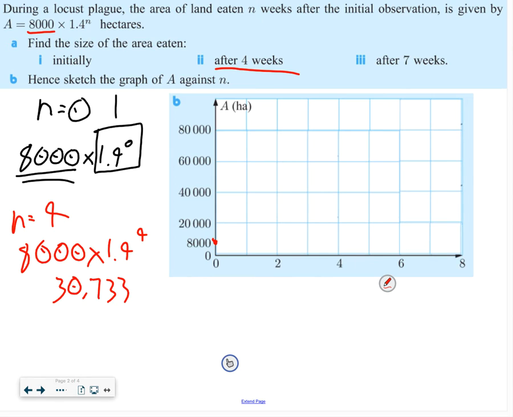So as I come over here, after 4, I'm going to be at about 30,800, so I'll be somewhere around there.